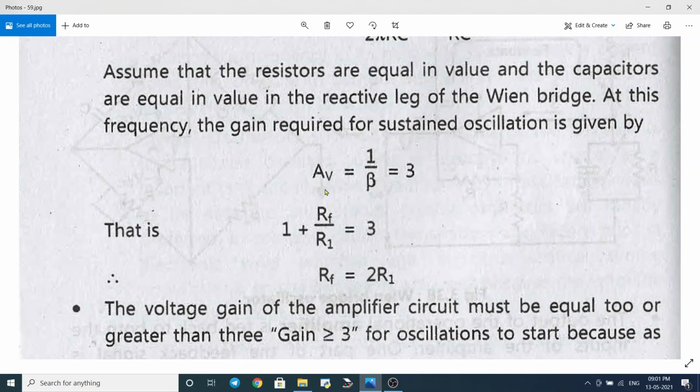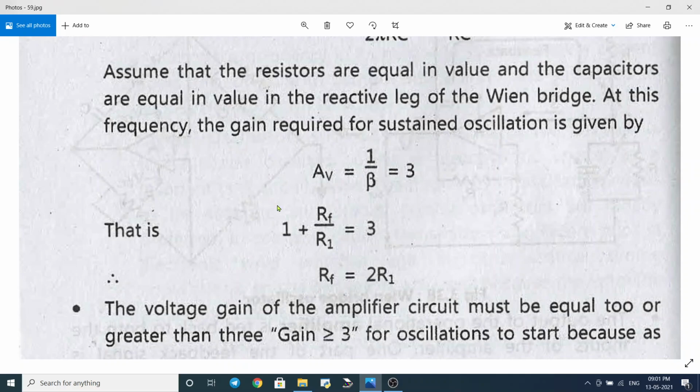So we take this gain AV equals 3, so that the beta, meaning the feedback factor of the feedback network, is equal to 1 by 3. That is 1 plus Rf upon R1.